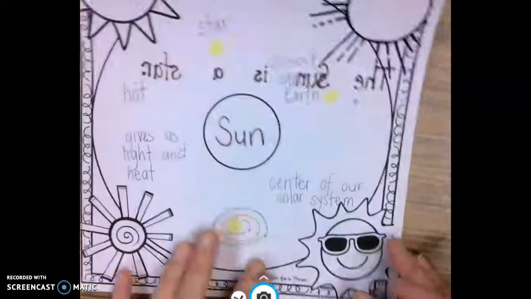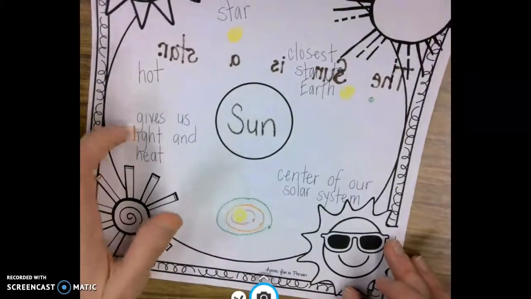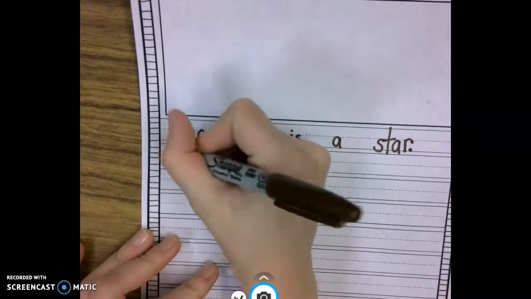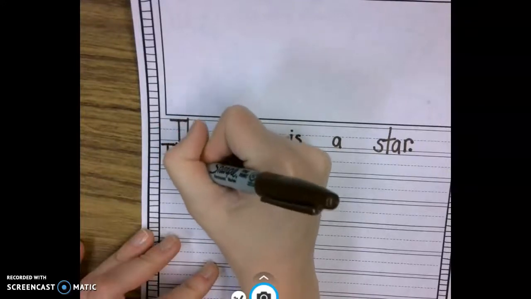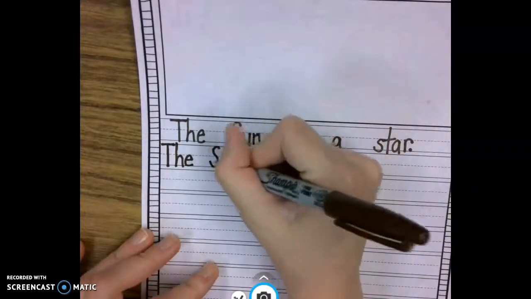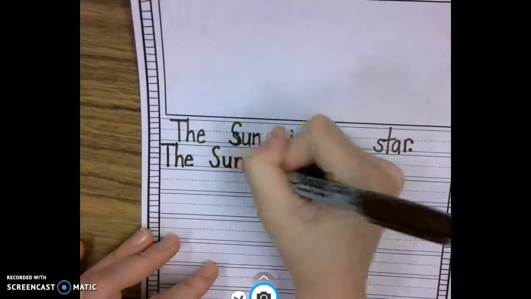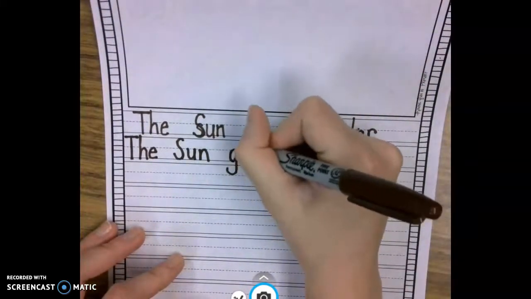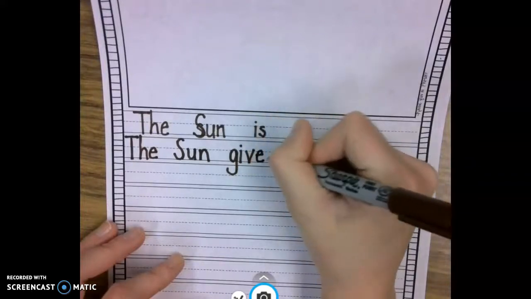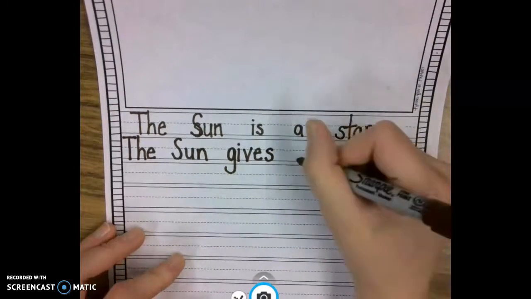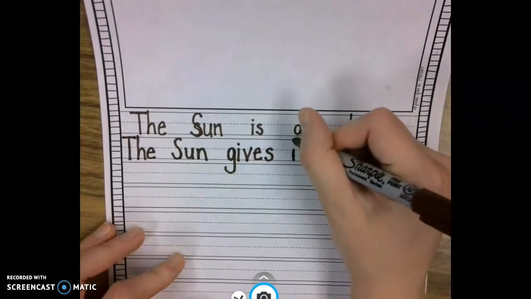What else would we want to say? Ooh, that's really important. It gives us light and heat. So I'm going to say the sun again. Start in the corner. Capital. The sun is a name. Sun gives earth.